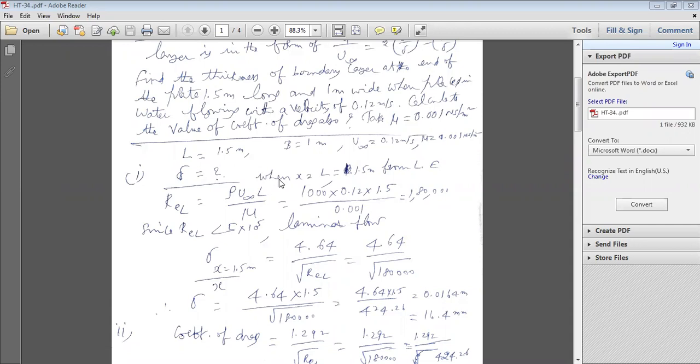At the end of the plate, that is x is equal to L. L is 1.5 meters, divided by mu, the dynamic viscosity, which is given as 0.001. So if you calculate this, the Reynolds number when x is equal to L is Re_L.